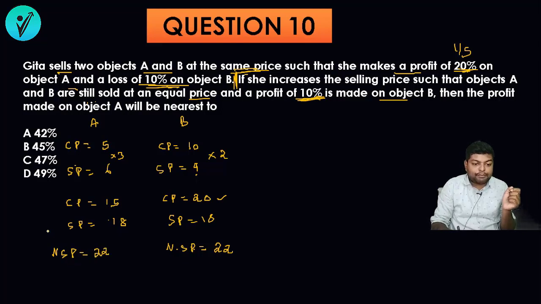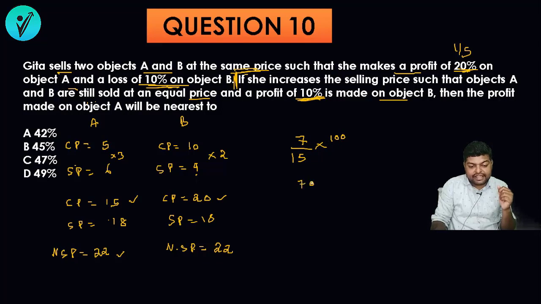So what is the approximate profit that we will be making in object A? Object A, I have purchased it for 15 rupees, okay, and I'm selling it for 22 rupees. So how much profit have I made? The profit amount is 7 rupees. If I want to calculate the profit percentage, it will be divided by the cost price. In order to get the percentage, multiply by 100.